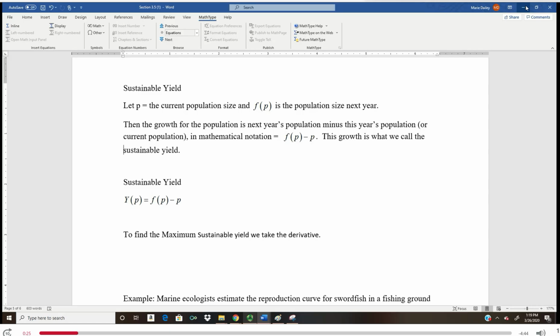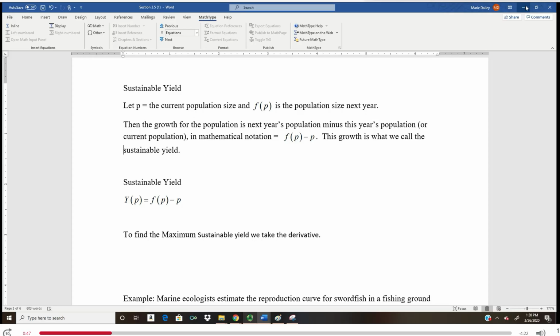Now, the way in which they determine how many licenses to release each year is based on the sustainable yield, okay? So we have a population size, let's call it P, and we're going to come up with some function, f of P, for example, which is going to be the size of the population next year.